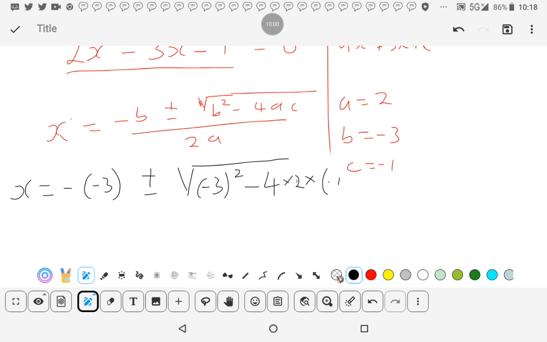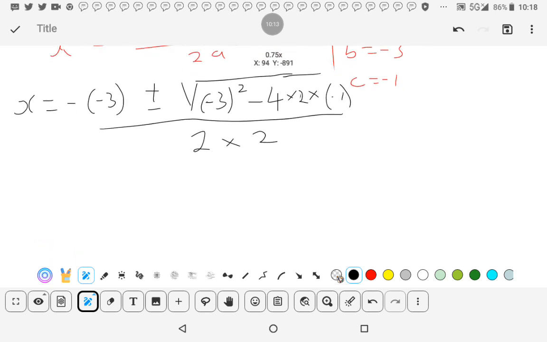Then all divided by 2 times a, which is 2 times 2. So you now simplify it further.